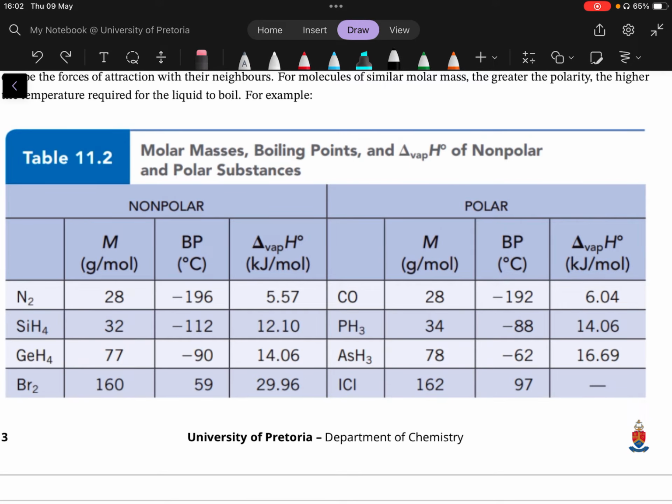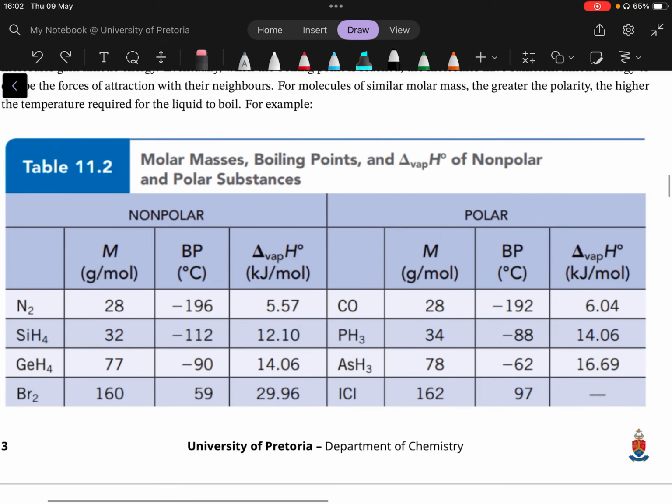If we compare N2 with CO, this is going to be N triple bond N, and this is C triple bond O. They're similar in molar mass, they're similar in structure, but CO is polar, so it has a dipole moment. N2 does not have a dipole moment. And so that's the only difference between them.